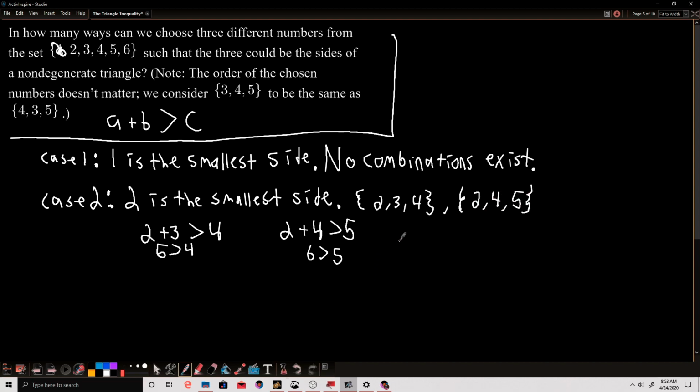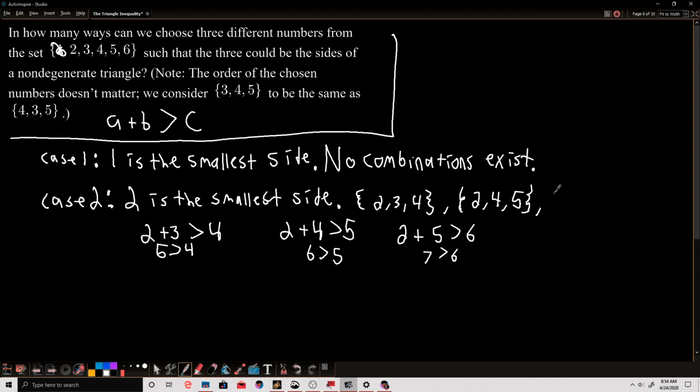And then let's try 2. Well, we tried 4 and 6, but we know that wouldn't work. So let's use 5 as our next side. Is that greater than 6? Well, absolutely, because 7 is greater than 6.